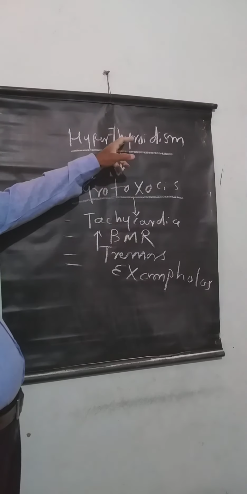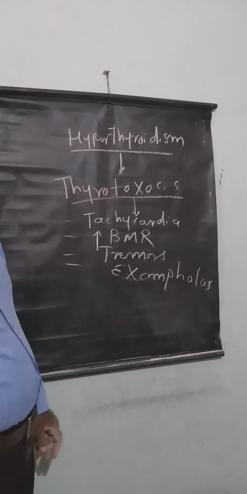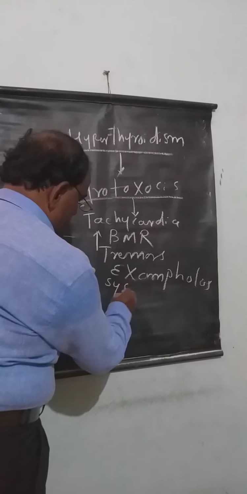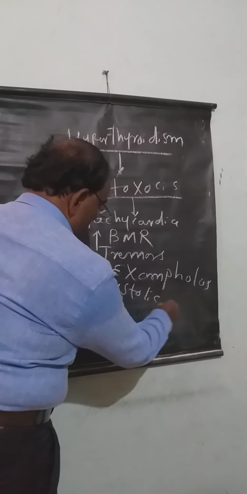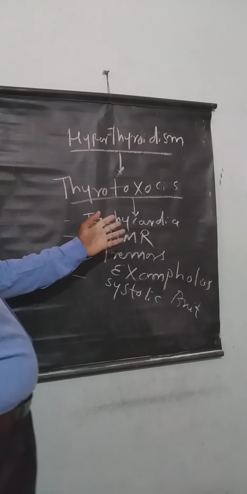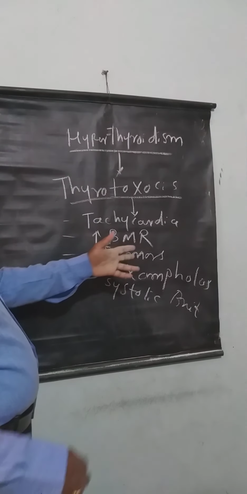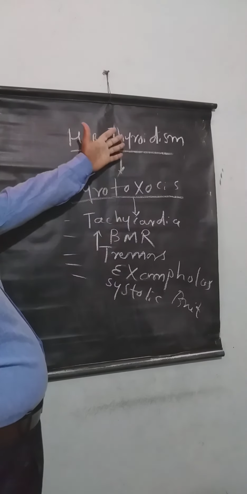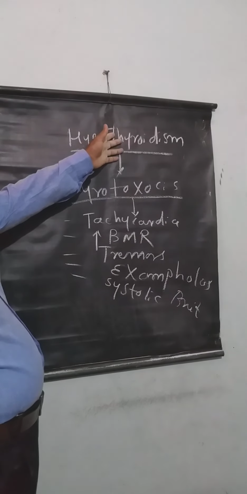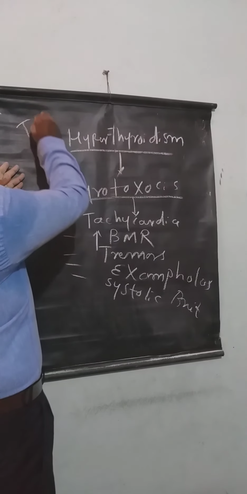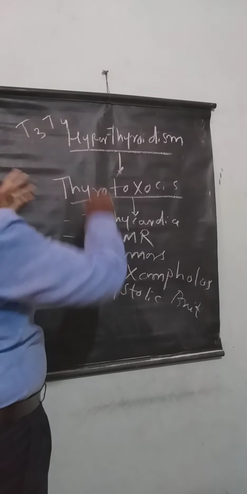Tachycardia, then systolic bruit. When there is hyperthyroidism, there is more secretion of T3 and T4, which leads to tachycardia.